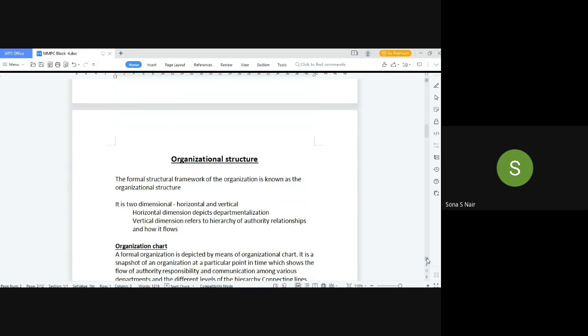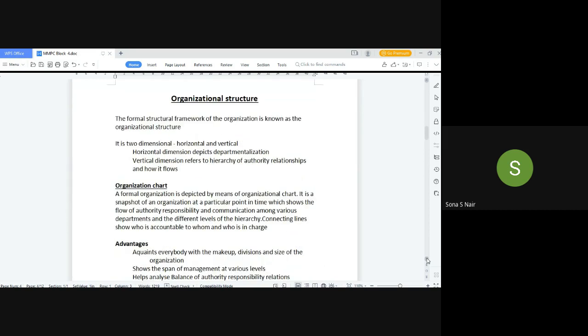Now, let us come to the actual definition of organizational structure. At the moment, we just looked at the basis for department creation. The formal structural framework of the organization is known as the organizational structure. That means the organizational structure depicts how the departments, functional areas, products and regional offices are interconnected, how they are reporting, to whom they are reporting, and in what manner the communication line is flowing, right?